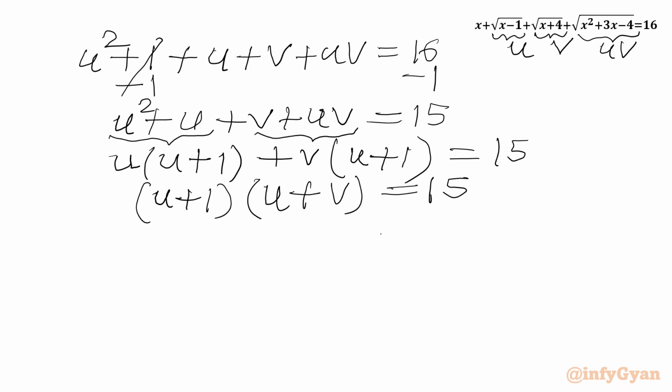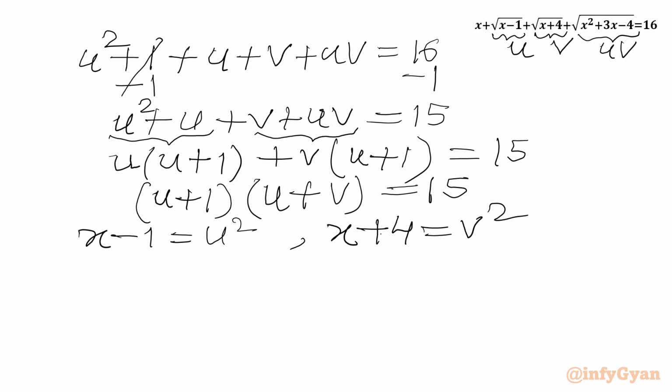Now we will write x minus 1. This is equal to u square. We'll write x plus 4. As per substitution, this is equal to v square. Now we will subtract the first equation from the second one. So let me write here x minus 1 equal to u square. Let's subtract.